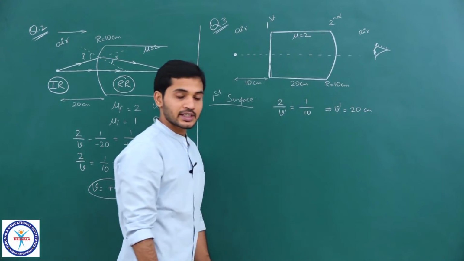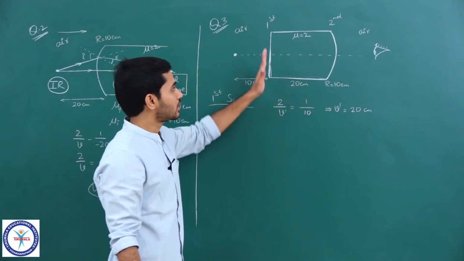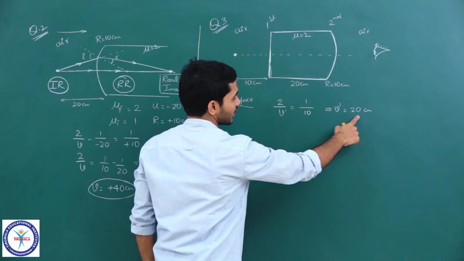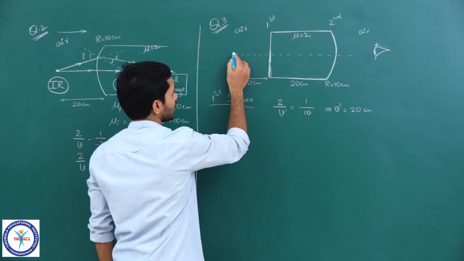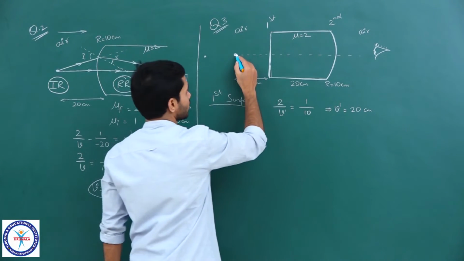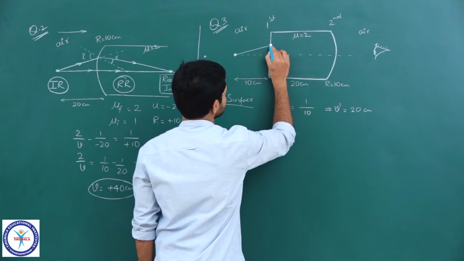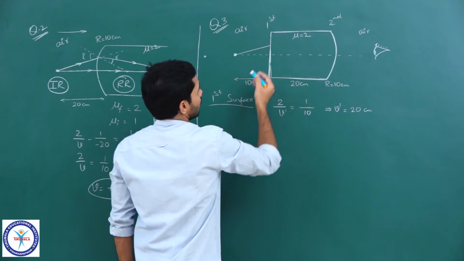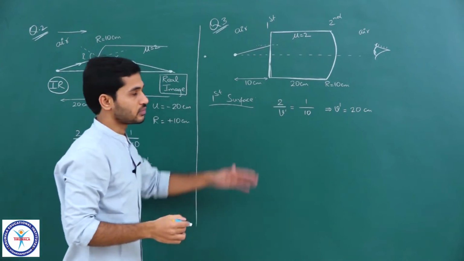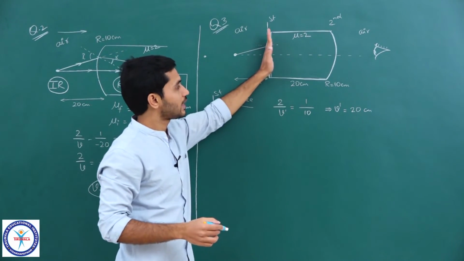So, you know that object and image will be on the same side in the case of plane surface refraction. And I got the value of V dash as 20, which means the light ray appears to come from here after refraction. So, if I draw the light ray, let us say this is the incident ray and the normal would be like this, horizontal, because the surface is plane.